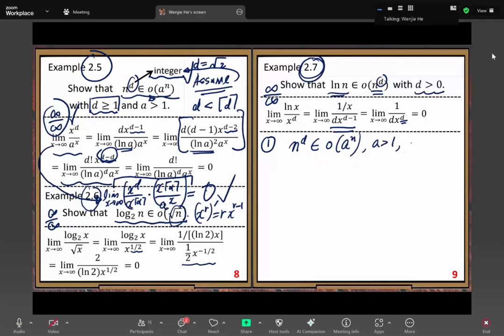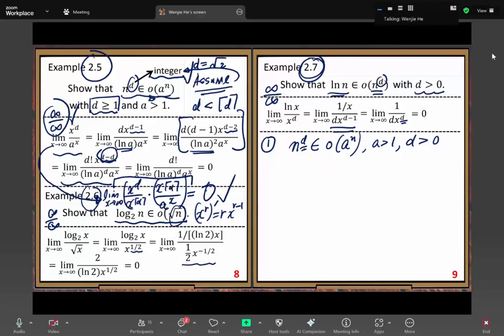And d is a positive number, that's okay. Here you can see, regarding this exponent d, we do not say how large d is, right? We do not say how large d is.